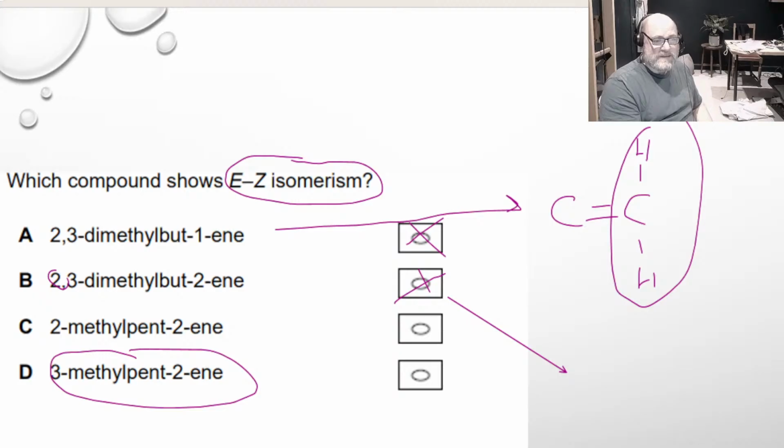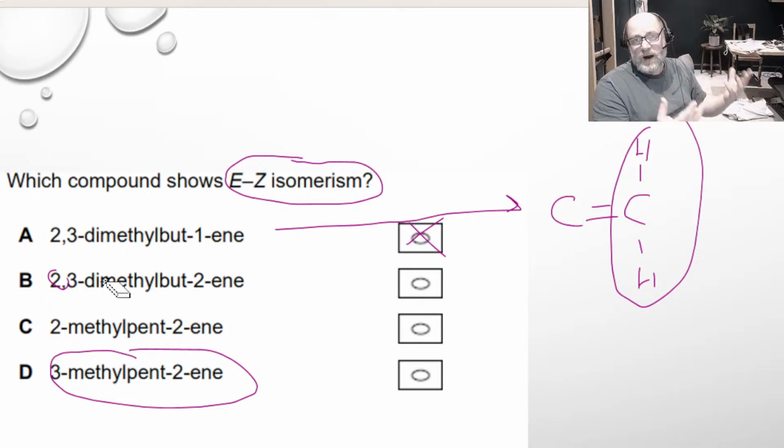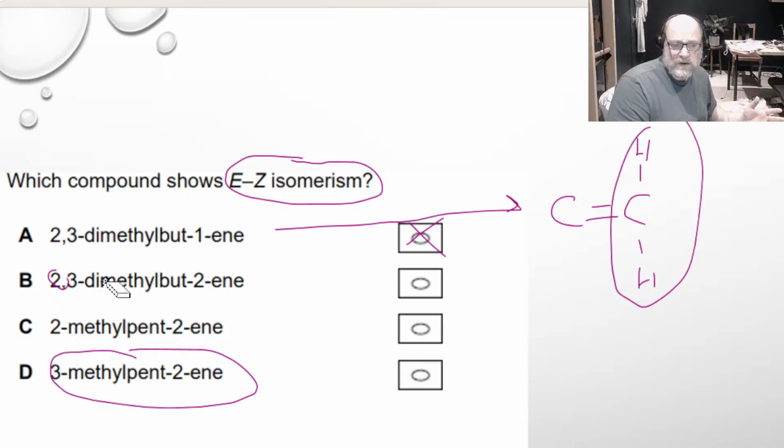So if I was speeding the question, I'd immediately get rid of the one where the double bond is at the end, because likely it's got the same groups attached. Then I would get rid of the double bonds where the numbering of the double bond is the same as one of the side groups, and the side group is an alkyl group. If you have an alkyl group attached to the same carbon as the double bond, then the likelihood is that it may well not do EZ isomerism.